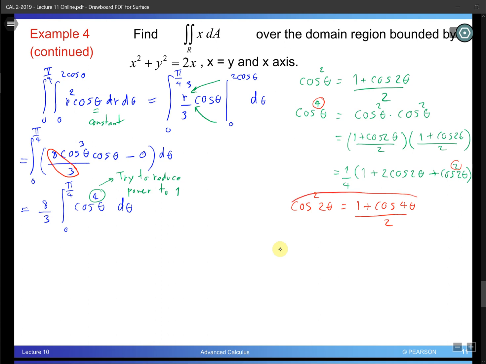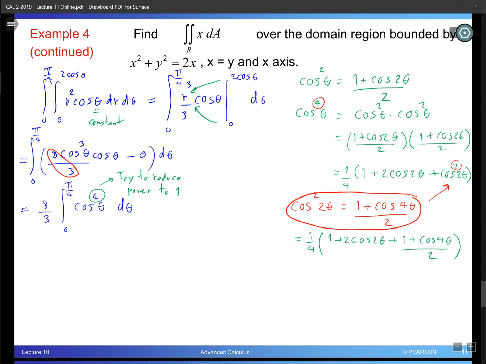Alright, we are going to substitute this into this term. So what do we have here? We have 1 over 4, 1 plus 2 cosine 2 theta plus 1 plus cosine 4 theta over 2.